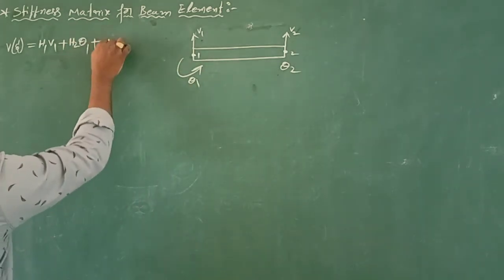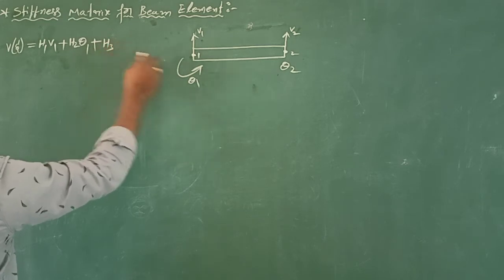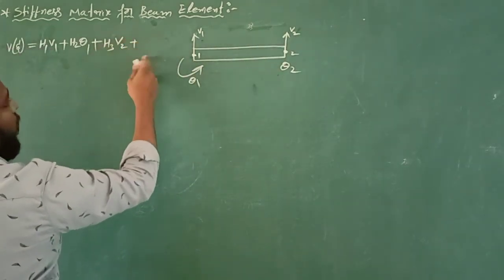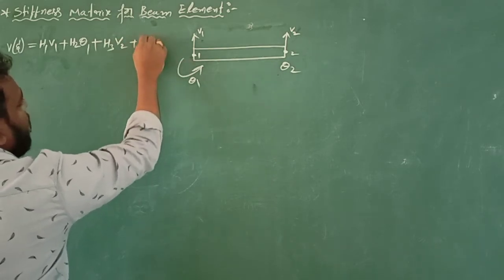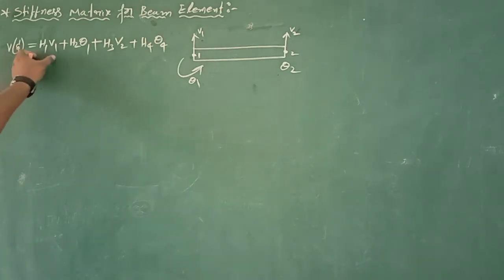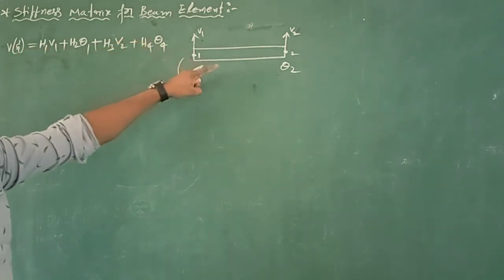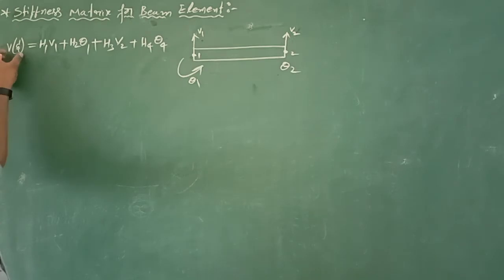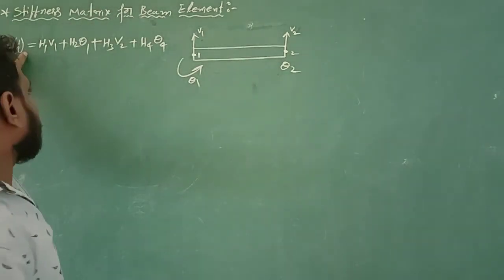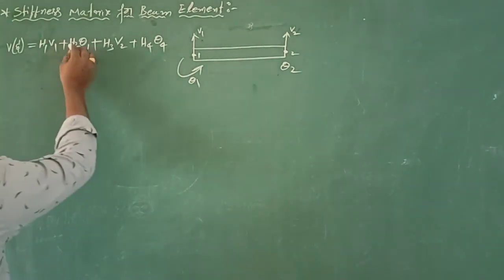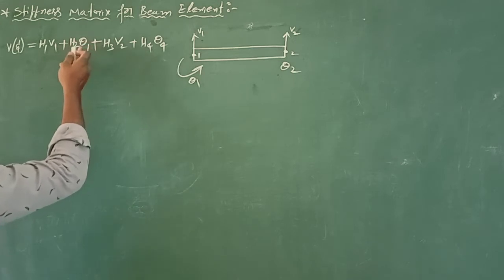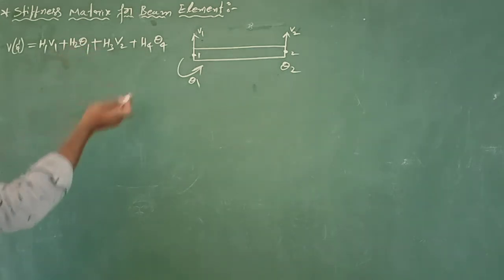Then plus H3 into V2, linear, and H4 into theta 2, angular. This is the total deflection within the element in the natural coordinate system. So we know the relation between theta 1 and the j functions.